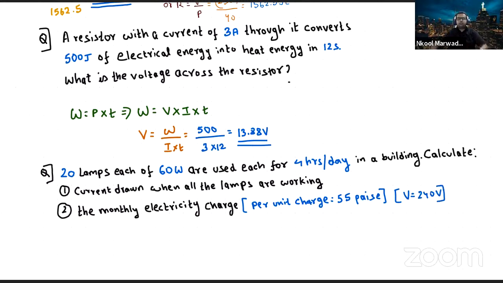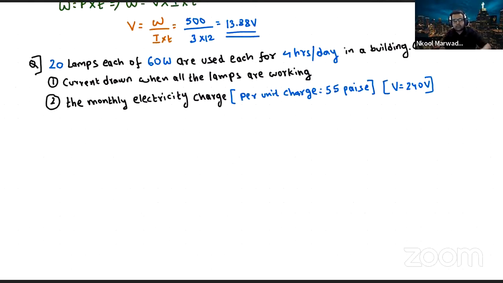So in this problem, what are the data points which are given to us? The power consumed by a lamp is given and the voltage supply is given. And these 20 lamps are connected. Now see, one very interesting thing I will discuss.